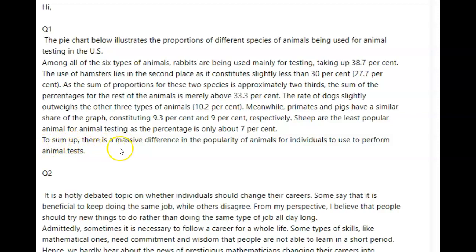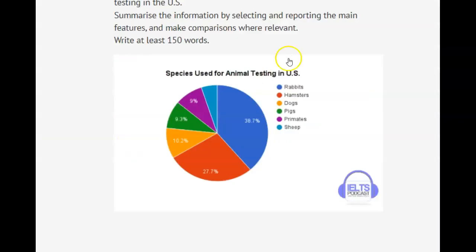You could have potentially been a little more specific rather than just say that there is a massive difference. I think it might have been meaningful to say, in conclusion, clearly rabbits and hamsters are the preferred animals for testing in the US.